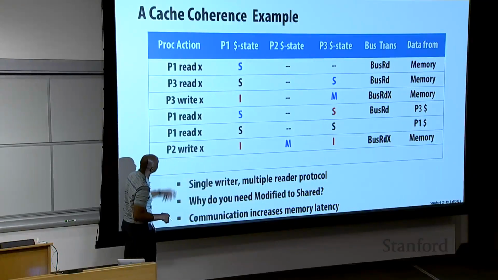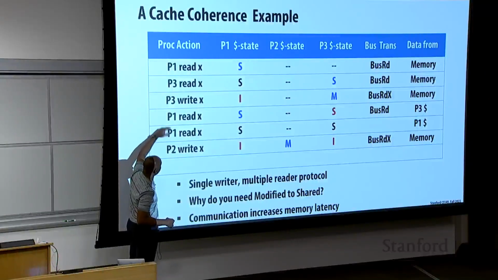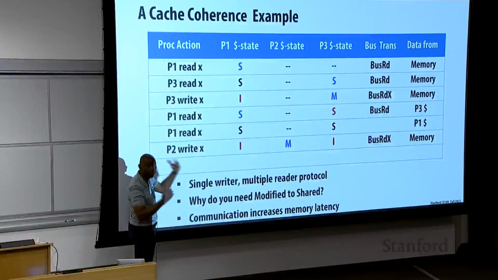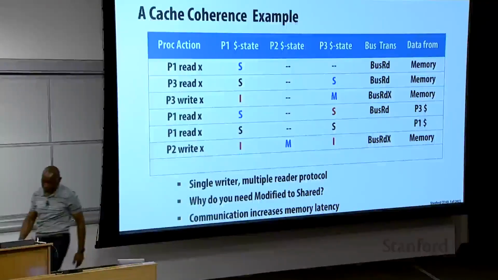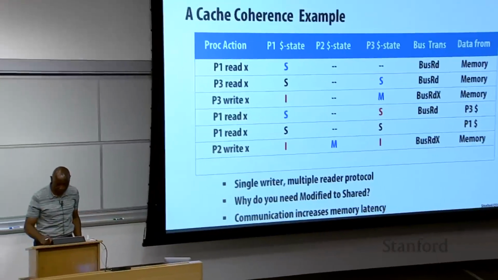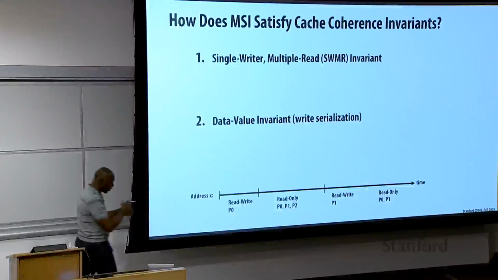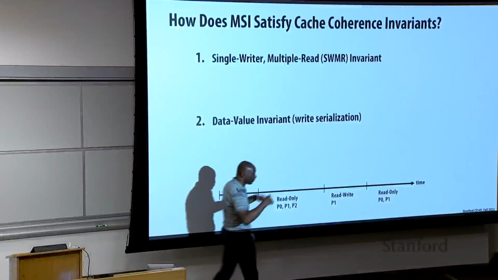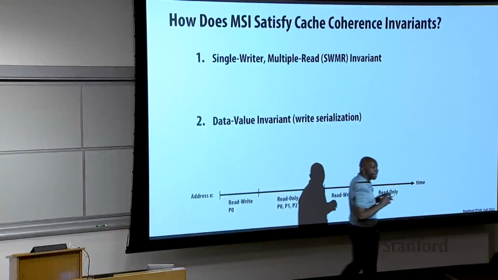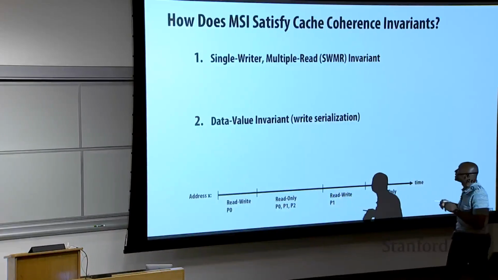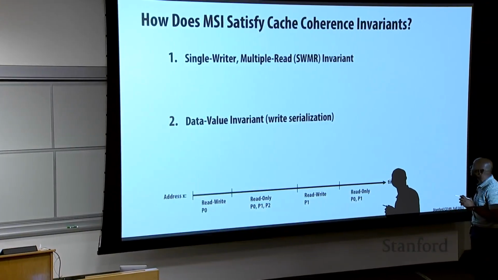And this is the case where you had the cache hit. But if you had an intervening write, then it causes extra cache misses, and so of course you're going to lose performance.